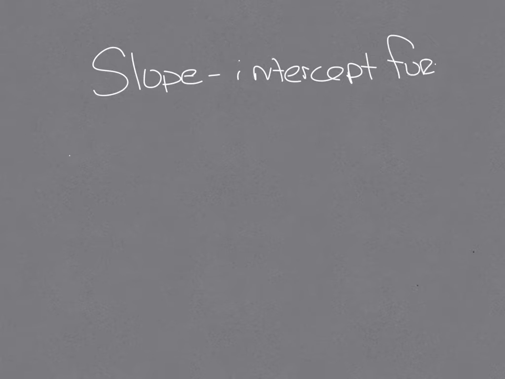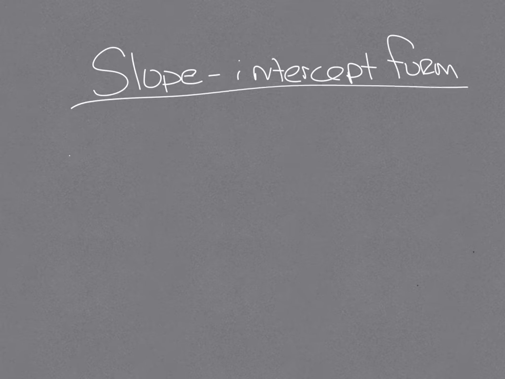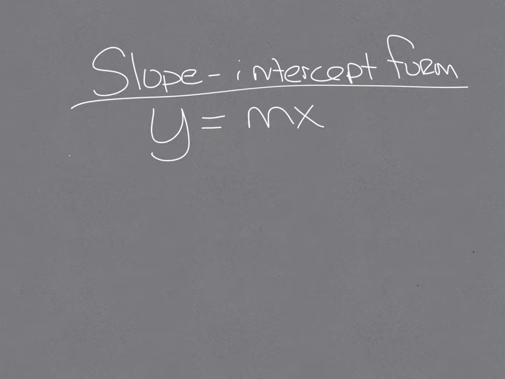Slope-intercept form. Okay, slope-intercept form is y equals mx plus b. All right, so you know with any equation we have an x and a y in it.